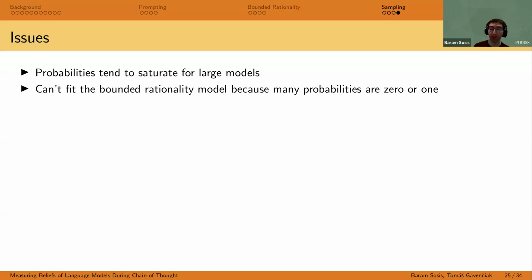This means that we can't really apply the boundary rationality model, at least not straightforwardly, because that works in log space, right? And so we can't take the logarithm of zero probability. There are also, of course, the various conceptual issues with sampling that I mentioned earlier. So, I'm not going to go into more detail on this, because there are various issues here.